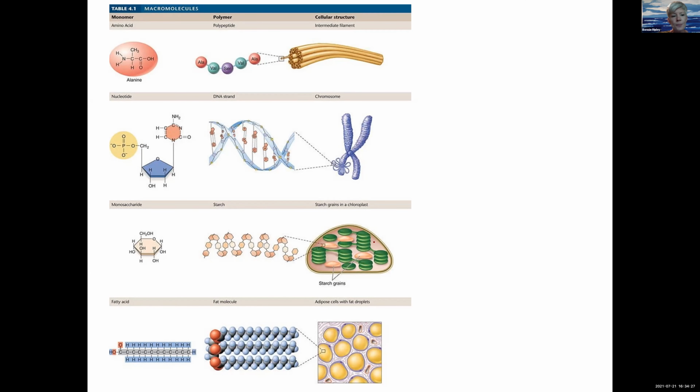All right. So when we look at living things, they are made up of molecules. And the reason you have to take chemistry as a biology major is that living things are made up of molecules. Very small molecules are built up together into bigger molecules, and then bigger molecules are often built up into even bigger molecules.